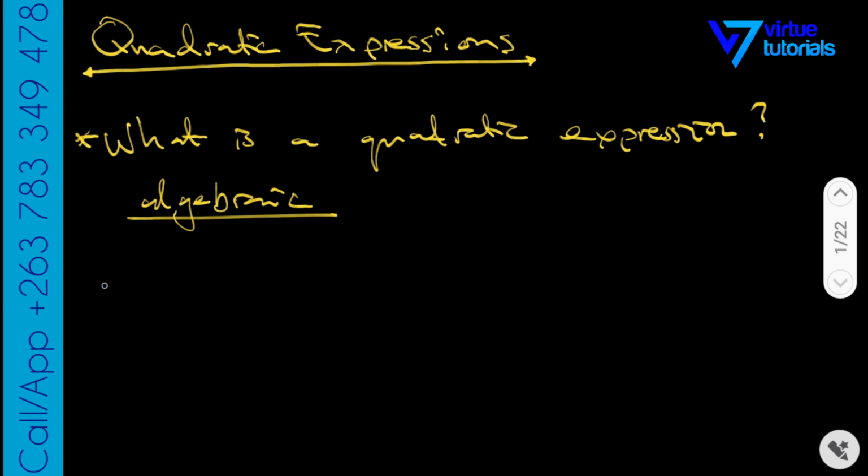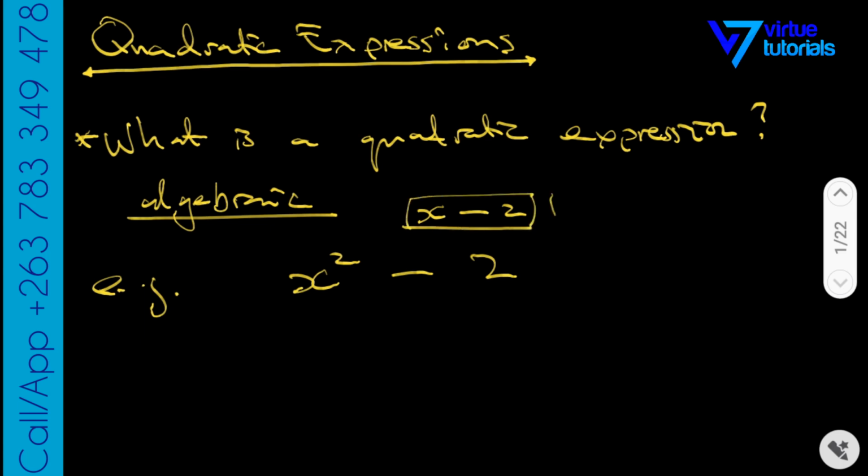So for example, if I have something like x squared minus 2, I have a squared here, so that becomes a quadratic expression, right? If I had no squared, if I had something like x minus 2, this is just a simple linear expression. You can call that a linear expression. But when there is a squared, it's now a quadratic expression.